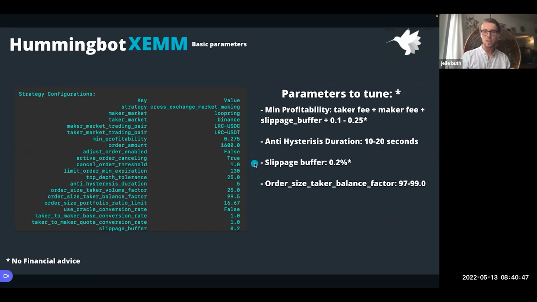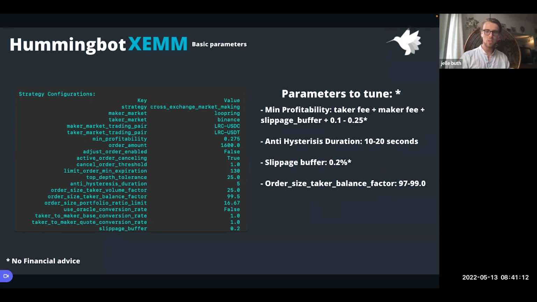Now, secondly, I add a slippage buffer. What a slippage buffer effectively does is allow for more liquidity in the taker order book. It can take more of that liquidity to actually fill your order. So instead of placing the order at the effective hedging price, it will place the order at the effective hedging price plus 0.2% or a little bit deeper in the order book.